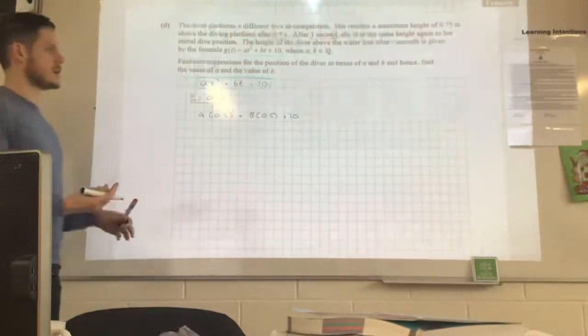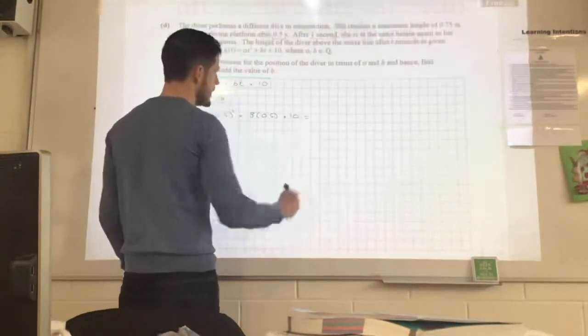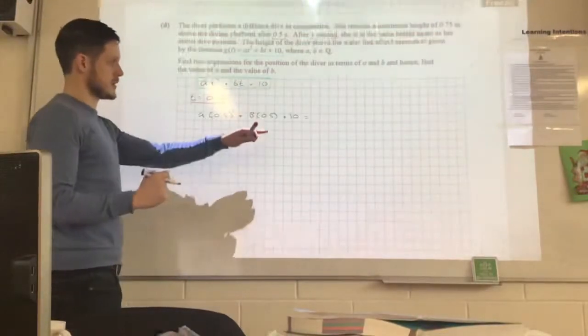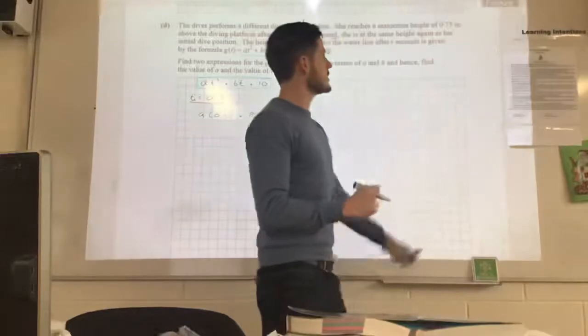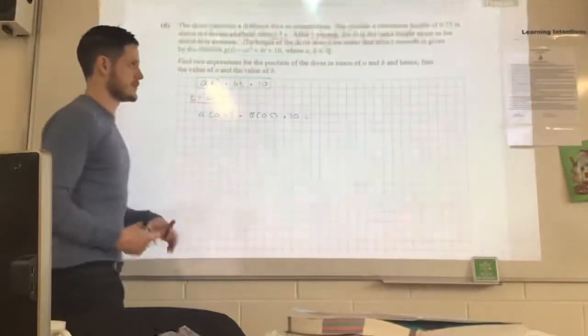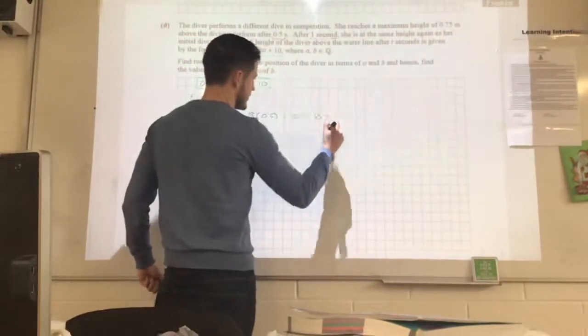Now that gives us the height of the diver, but we actually know the height of the diver because when you think about it, it's a 10-meter board, so that's a given, and she reaches a maximum height of 0.75, so she jumps up 0.75, so the total height is going to be 10.75.